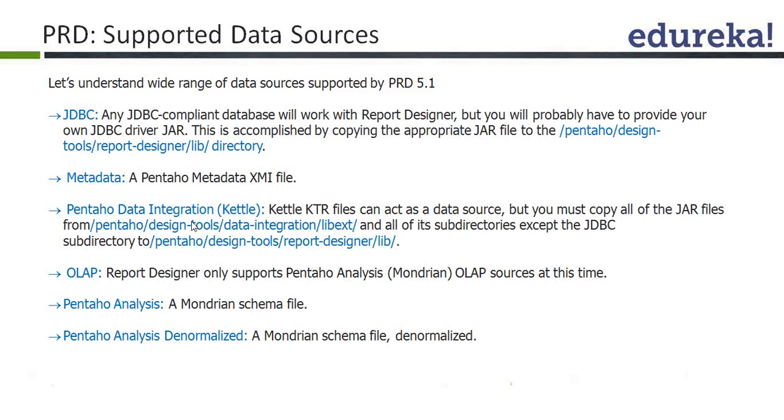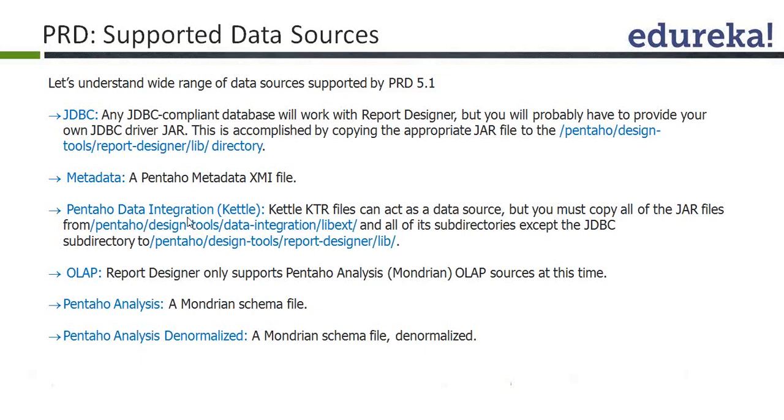Then there is OLAP, a multidimensional data source. You have support for OLAP as well, and by default it supports Mondrian. Then Pentaho Analysis. This is a Mondrian schema file, so you can feed that Pentaho Analysis schema file, and it will route the query through that schema file and pull the data.